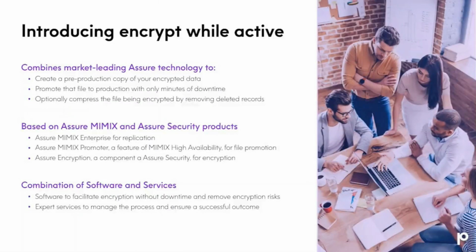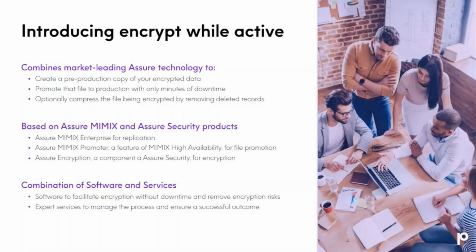Okay, so introducing encrypt while active, which combines our market-leading Assure technology. The way it works is you create a pre-production copy of your encrypted data. You would then promote that file to production with only a few minutes of downtime. It's just how long it takes to move the old file out and the new file in.